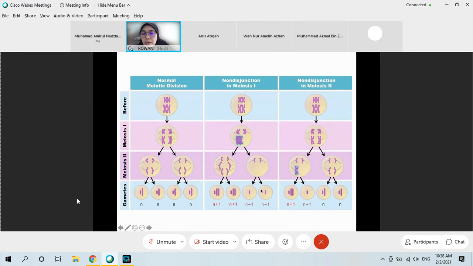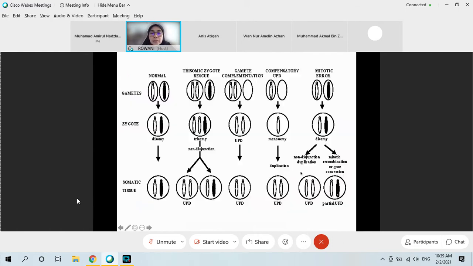If it occurs in meiosis 2, you can have four daughter cells, of which two are normal, but one will have trisomy and the other one will be monosomy. So non-disjunction, whether in meiosis 1 or meiosis 2, will result in daughter cells which are monosomy or trisomy. So let's have a look now at how UPD can occur.